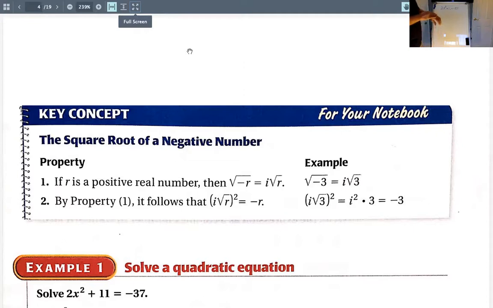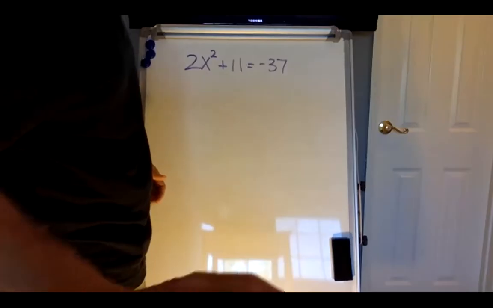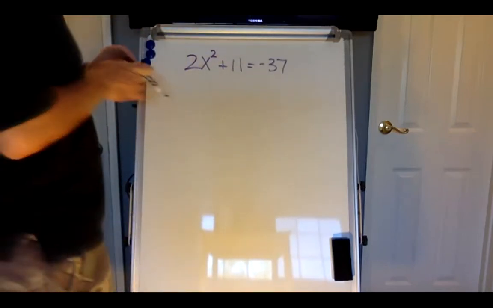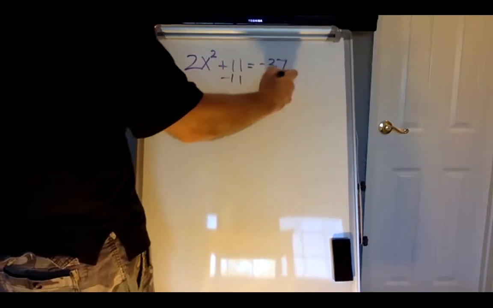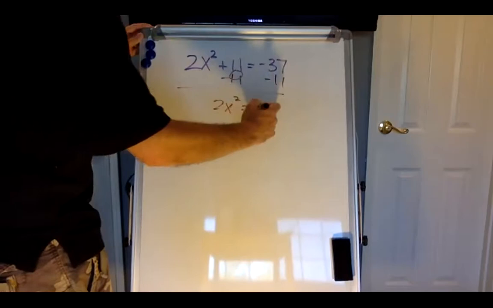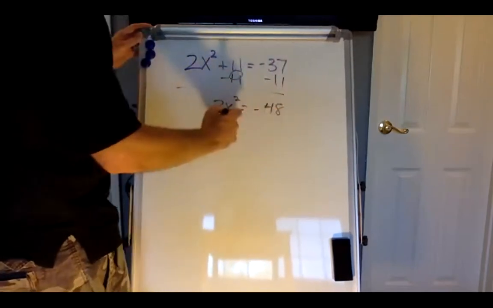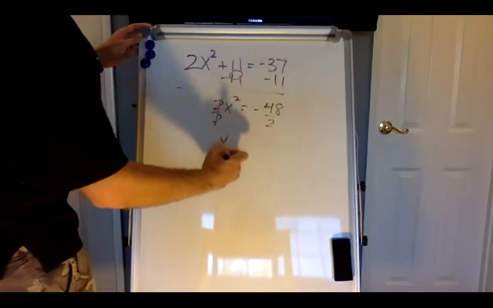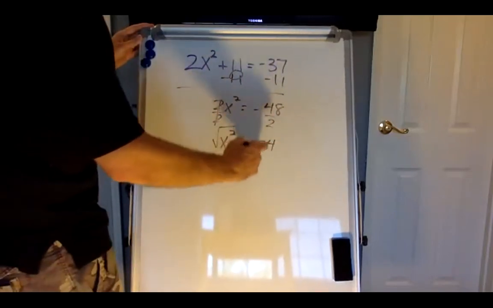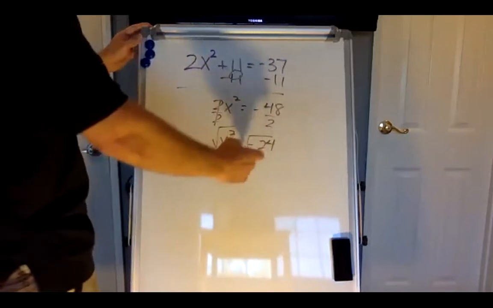Okay, here we go. We'll go to my screen. So I have this, and you subtract 11. 2x squared is equal to negative 48. You divide by 2, and you get x squared is equal to negative 24. Then you take the square root. You factor out an i.